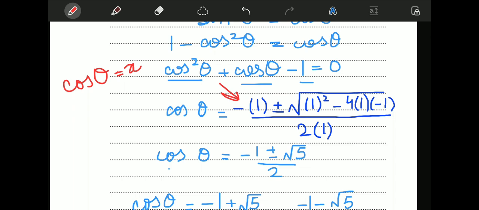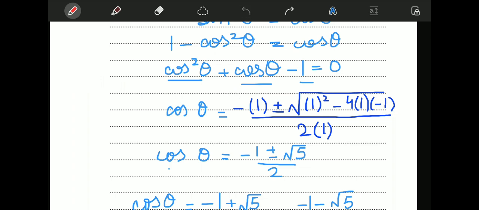You can first find x by putting cos theta equals x, and then substitute it back. Okay, so see, a is 1, b is 1, and c is minus 1. So we'll substitute that in our formula, and we'll get cos theta equals minus 1 plus or minus root 5 over 2.